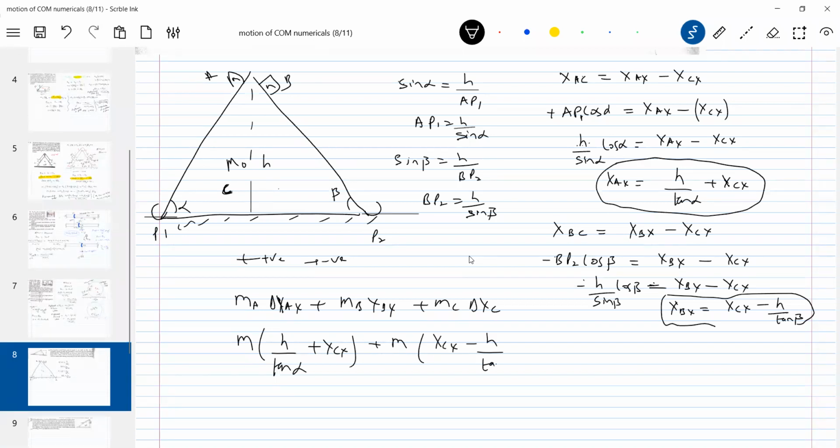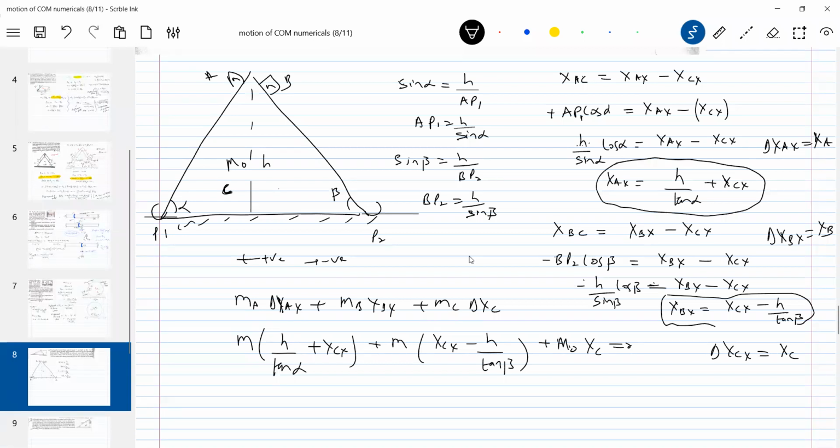XCX minus H tan beta, plus this is capital M or M naught, delta XCX equal to XC. Delta XAX equal to XC. Delta XBX equal to XB. If you are familiar with the symbols, you can manage and carry on.